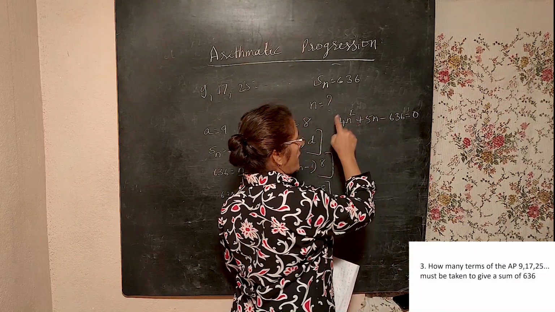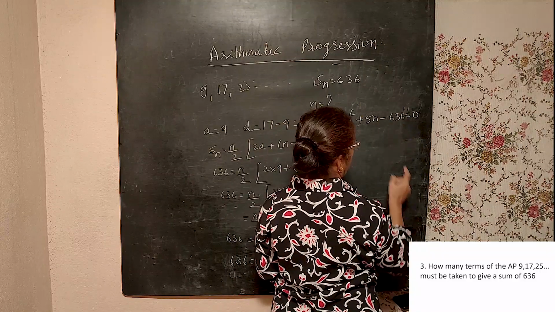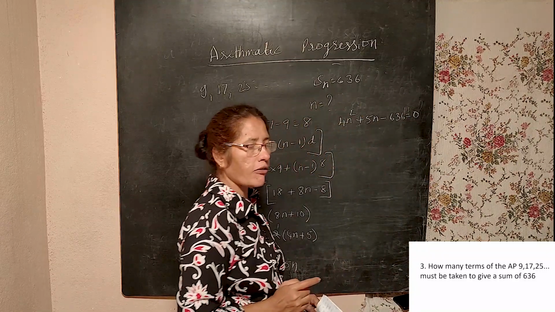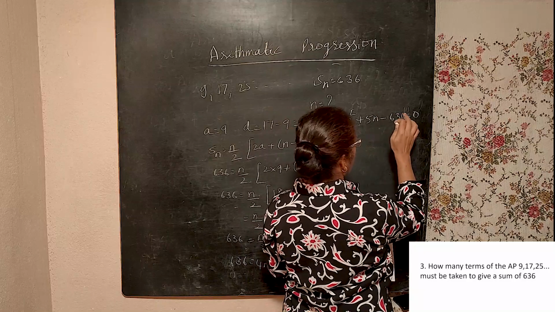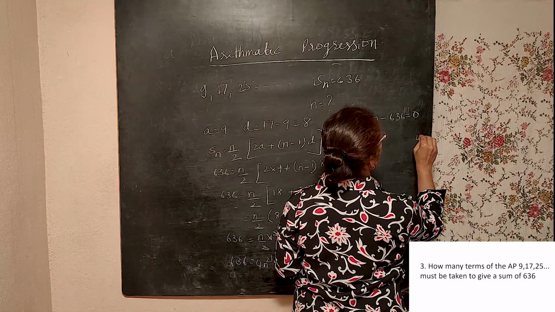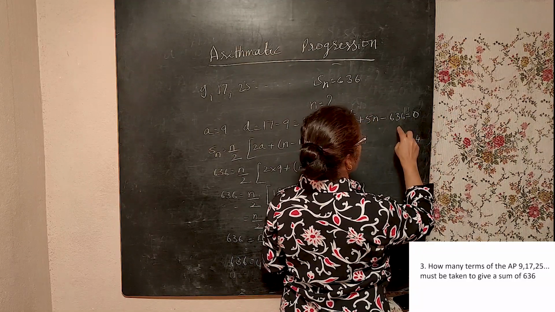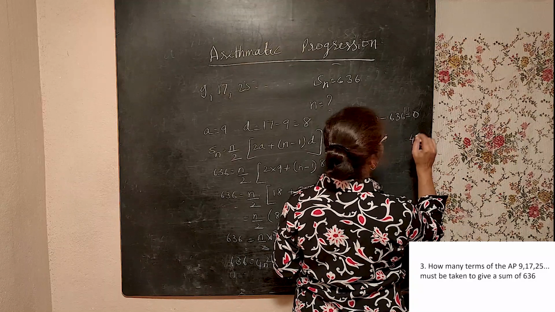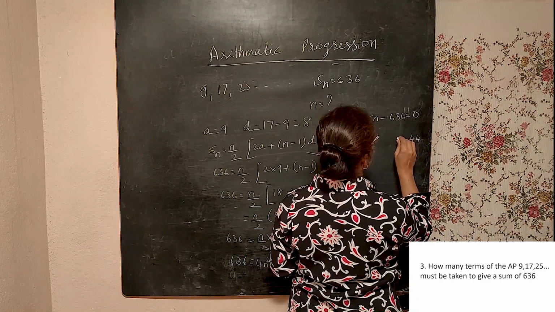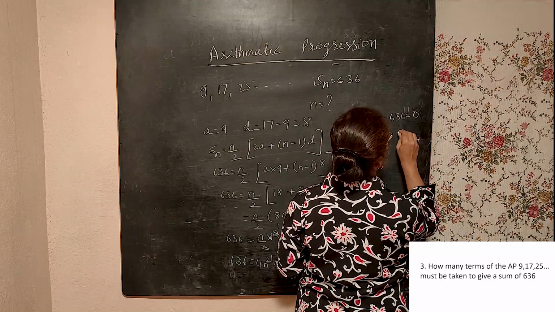So the product has to be 4 into 636, and the sum has to be 5. What is the product? 4 sixes are 24, 2. 4 threes are 12 plus 2, 14, 1. 4 sixes are 24 plus 1, 25.